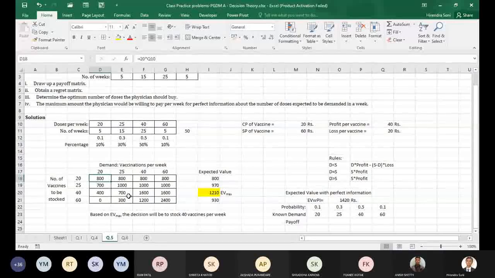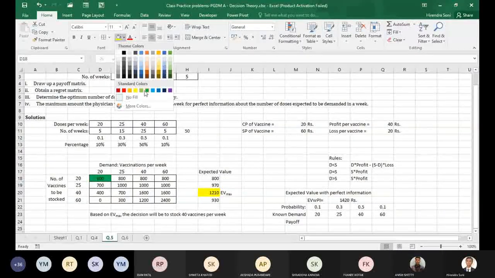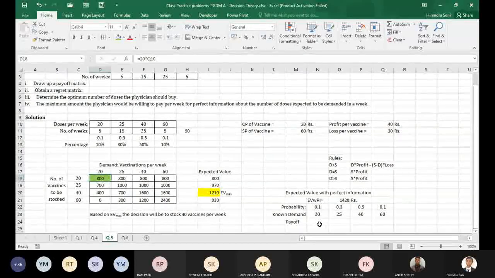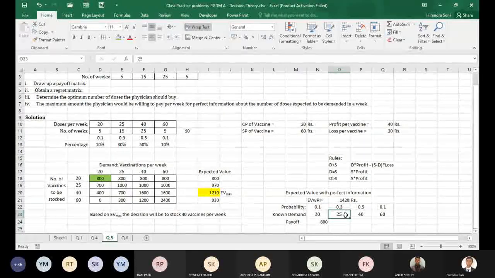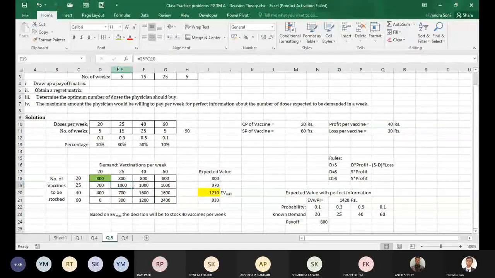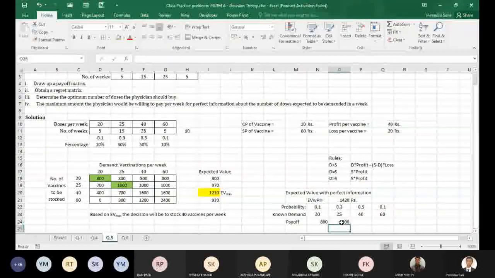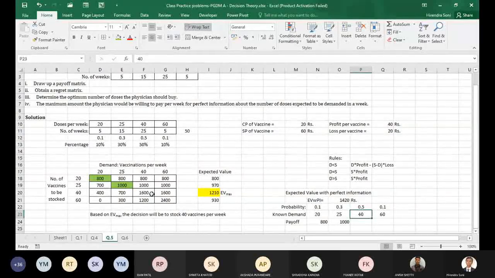Yes. So that means 800. When I say I knew that the demand is for 25 units, and I have brought only 25 units, so that means 1000. This would be my payoff. And when I say I knew that the demand is for 40 vaccines and I have brought only 40 vaccines, so this is what I will be able to earn.